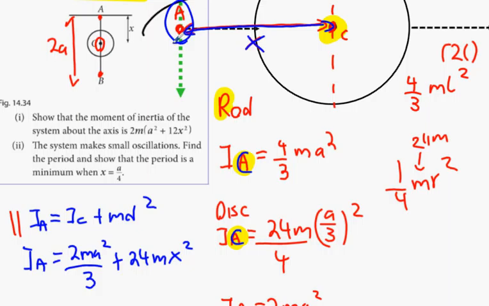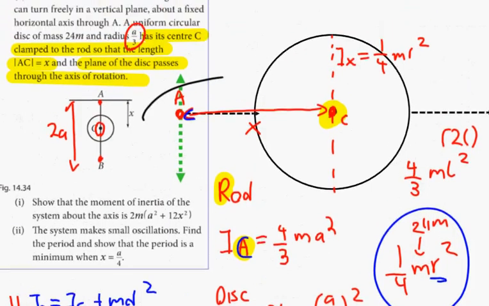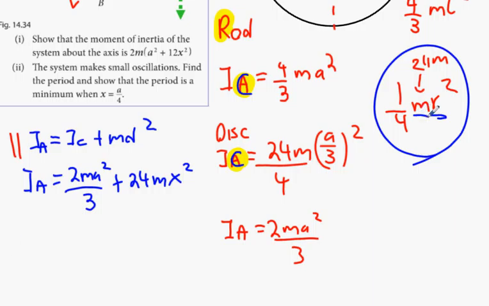Yes. This here. A over 3 squared is the radius. So it comes from a quarter m r squared, where the radius, it says up here, the radius is a over 3, and the m value is 24m. Alright?